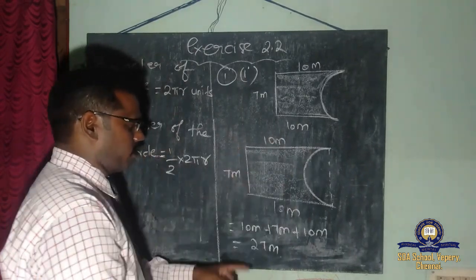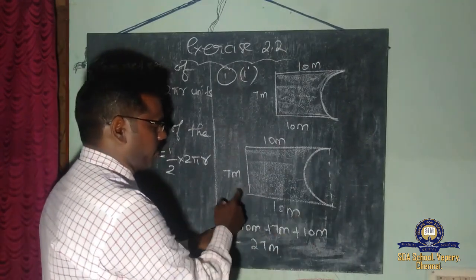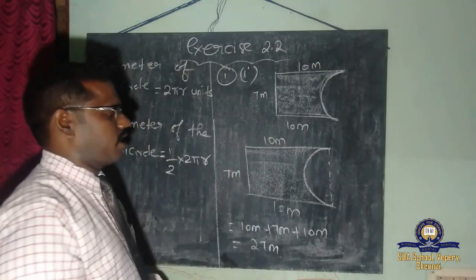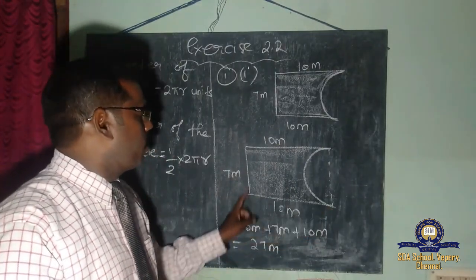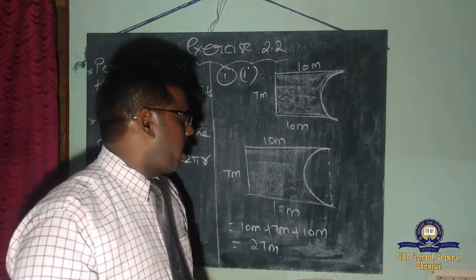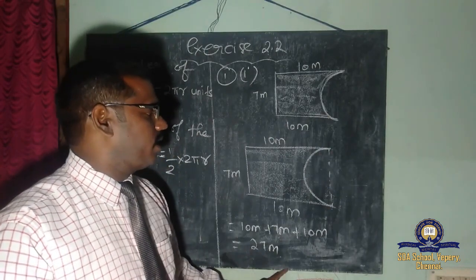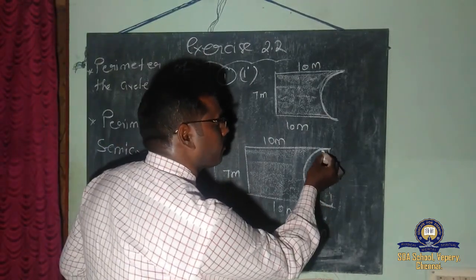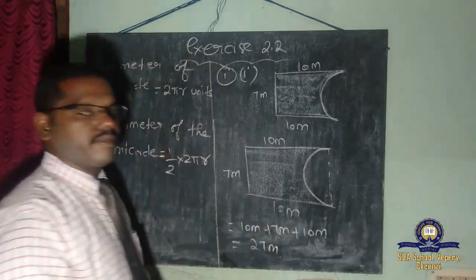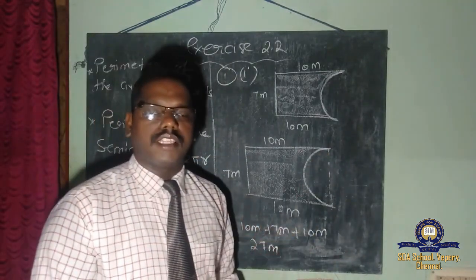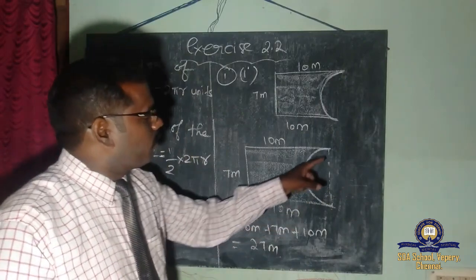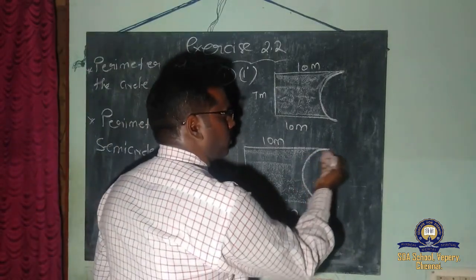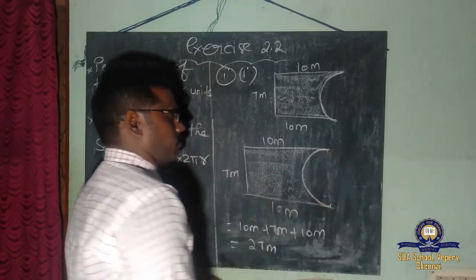So I have written here 10 meters plus 7 meters plus again 10 meters, totally 27 meters. So from here to that place I have to go 27 meters, but I do not know the distance for this semicircle. I do not know the distance to cross this semicircle. This is not a rectangle, I just drew it and showed you, isn't it?